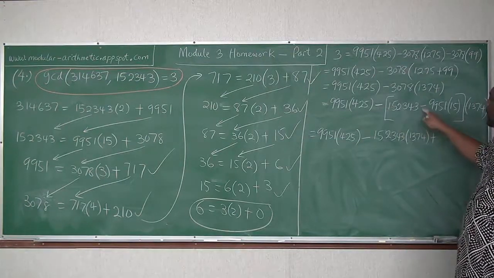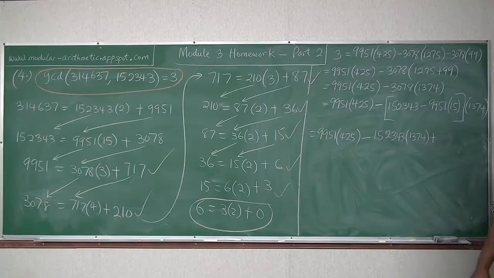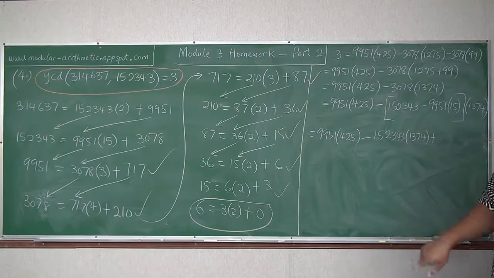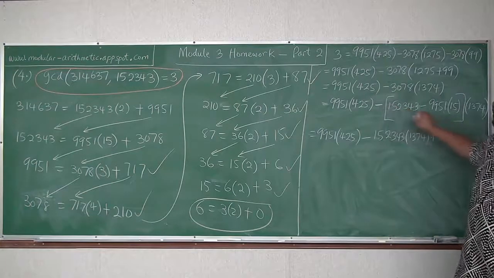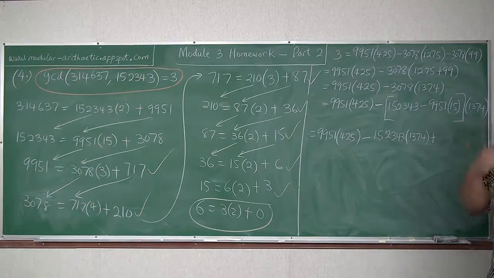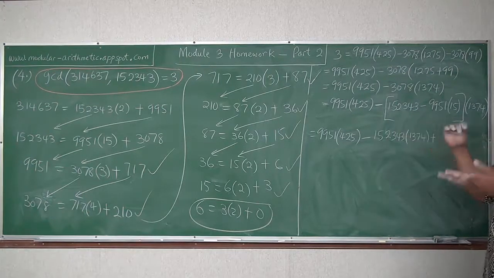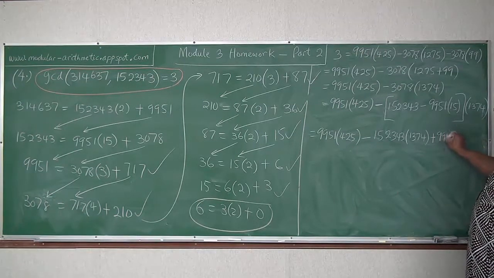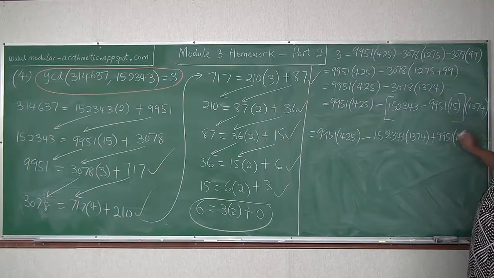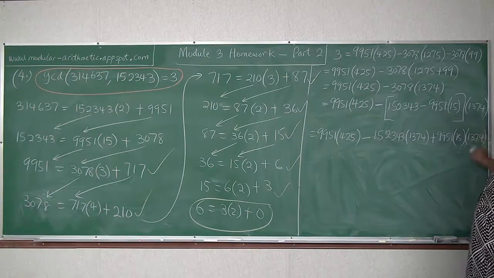Okay, because minus times minus is plus. If we had put minus, I'll be checking the next time it will work. So please, minus times minus is plus. So it's good to always check it after doing each step. So this is plus 9951 times 15 times 1374.